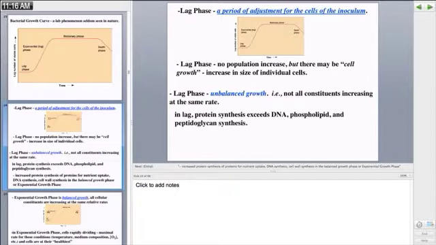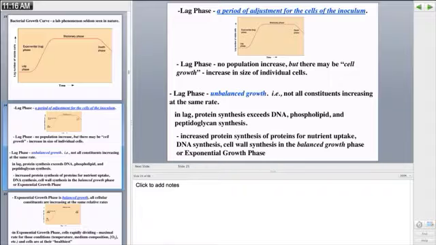They need to synthesize proteins for metabolic pathways that they need for active transport. So they're just preparing for growth. Protein synthesis occurs more rapidly than DNA or phospholipid or peptidoglycan synthesis. It's making all of the enzymes necessary for when it finally decides to start growing.